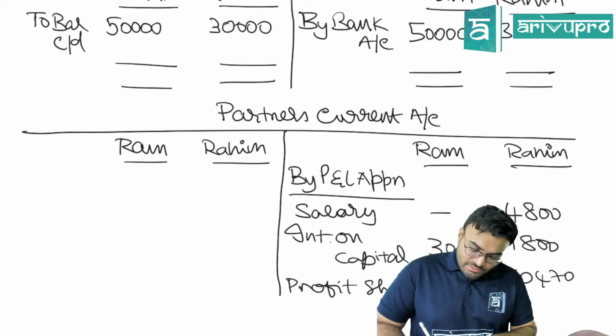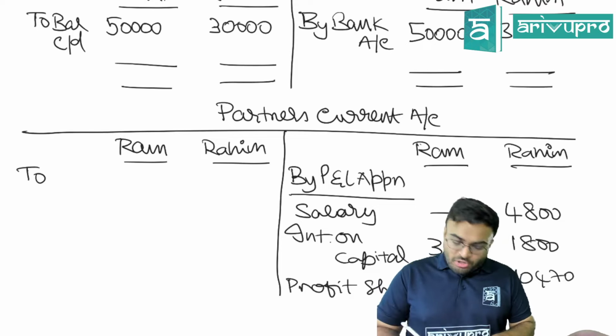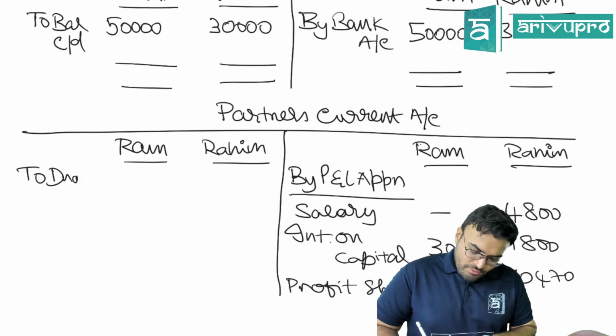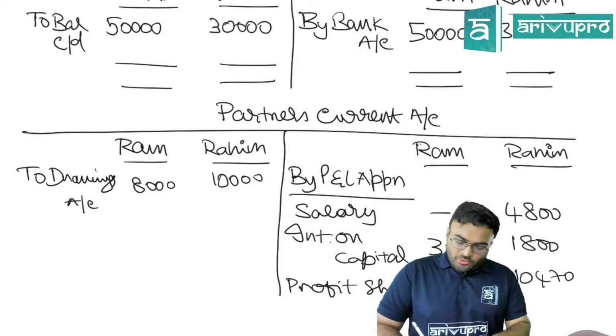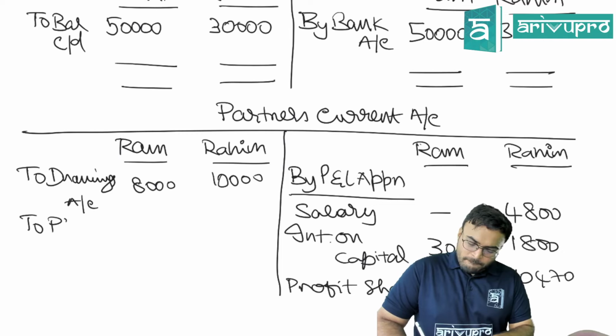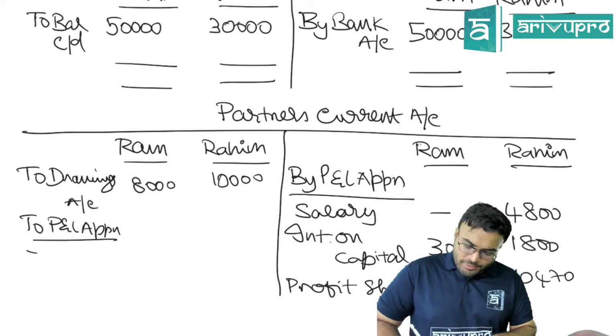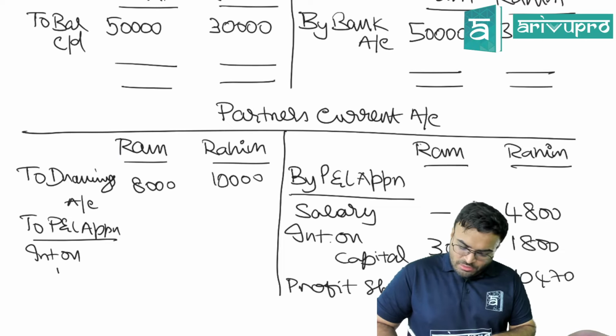First to drawings, then interest on drawings. So you'll write to drawings account. How much was the drawings? 8,000 and 10,000. Then to P&L appropriation, interest on drawings. How much is that?